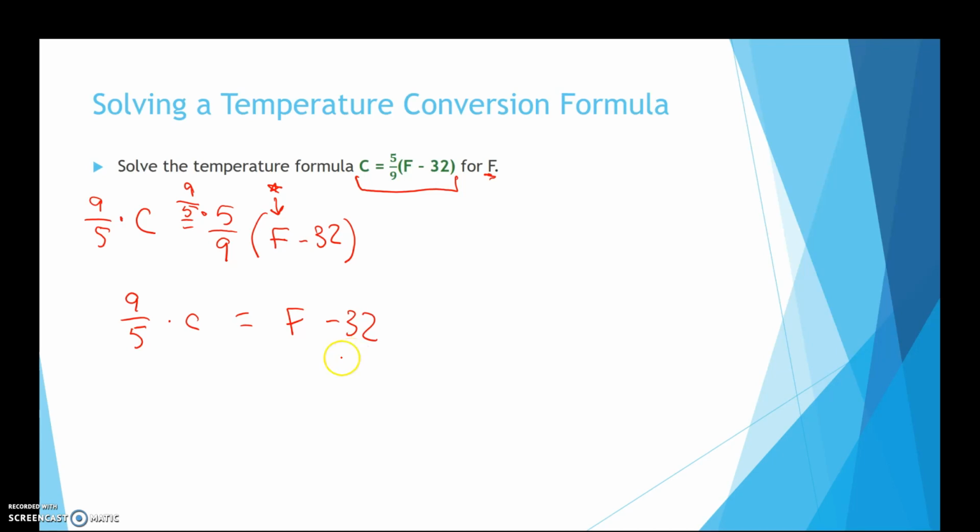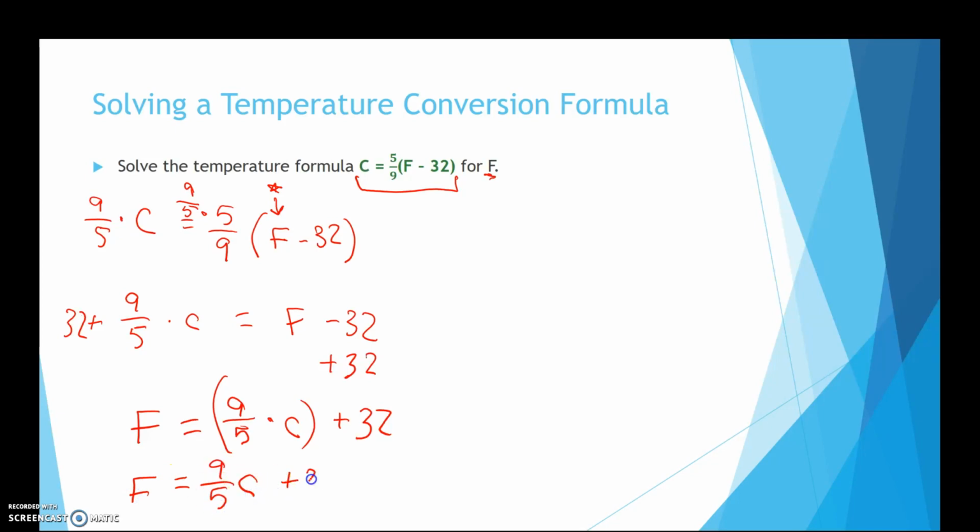I want to get rid of this minus 32, so the opposite is to add 32 to both sides. So degrees Fahrenheit is going to be 9/5 times C, and I can put that in the parentheses, plus 32, and that'll be my answer. If you put Fahrenheit equals 9/5 C plus 32, that's fine too. Either answer I would accept.